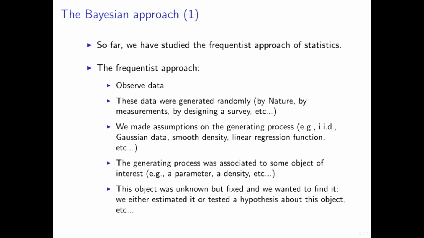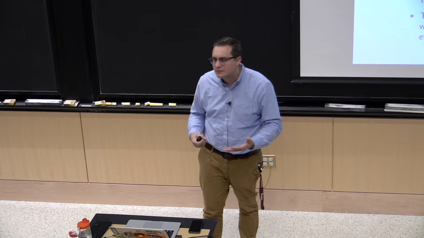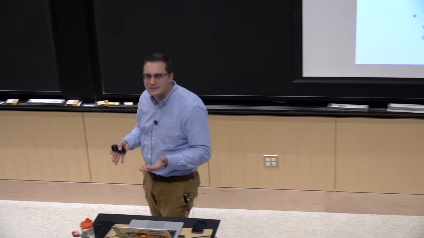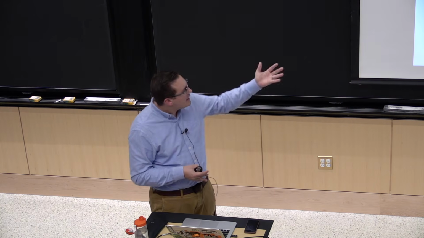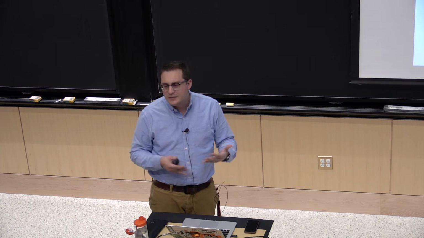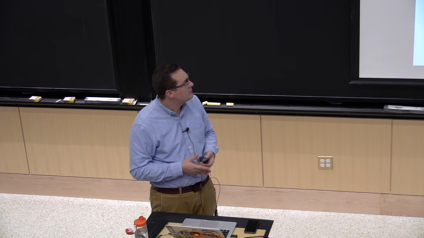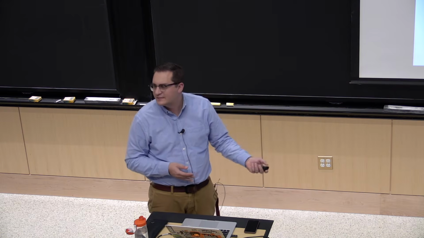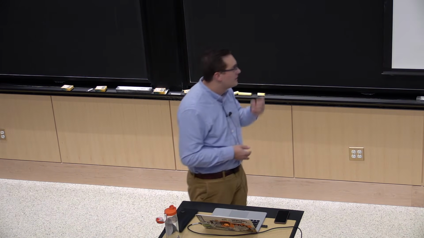Then we had this unknown parameter, and we wanted to find it. We wanted to either estimate it, or test it, or maybe find a confidence interval for this object. So far, I should not have said anything that's new, but this last sentence is what's going to be different in the Bayesian part. In particular, this unknown but fixed thing is what's going to be changing.